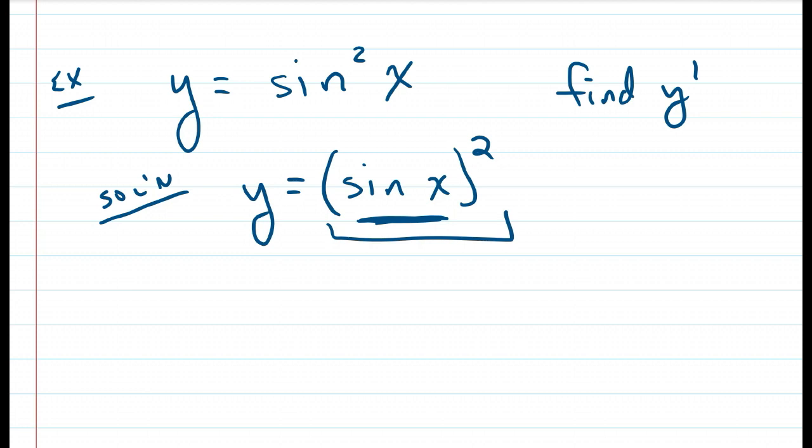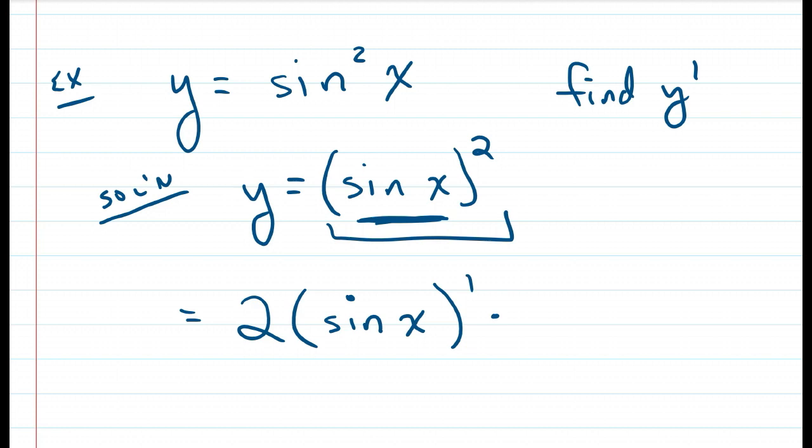So the chain rule says that we can take the derivative of the outer. The outer is that quantity squared, so we can use the power rule, and then we subtract 1 from the exponent. So 2 minus 1 becomes a 1. And then the chain rule says to keep the inner function the same, and then lastly, it says to multiply times the derivative of the inner function.